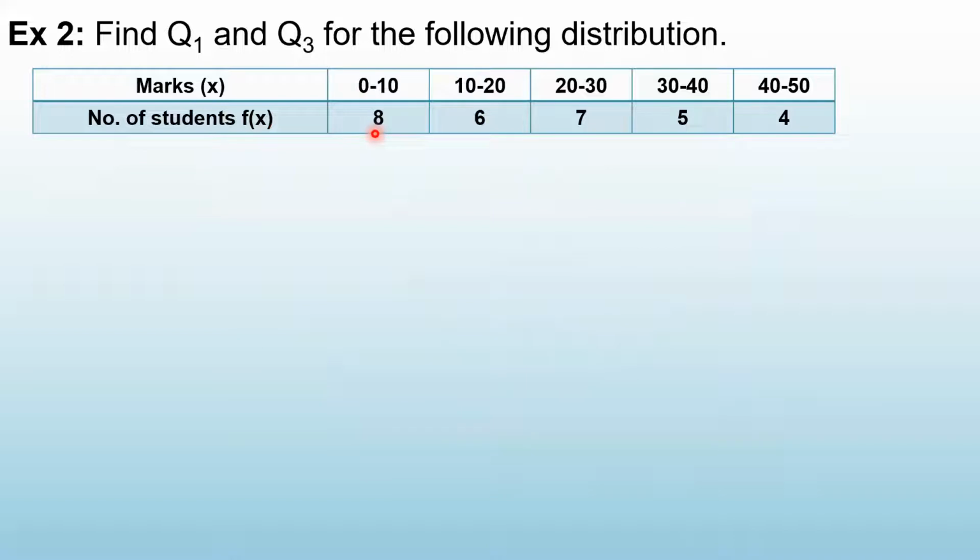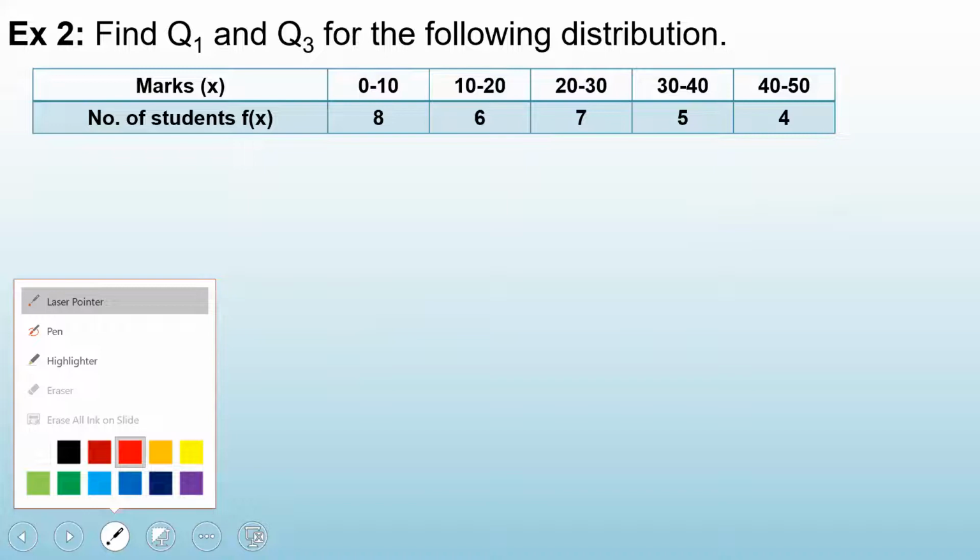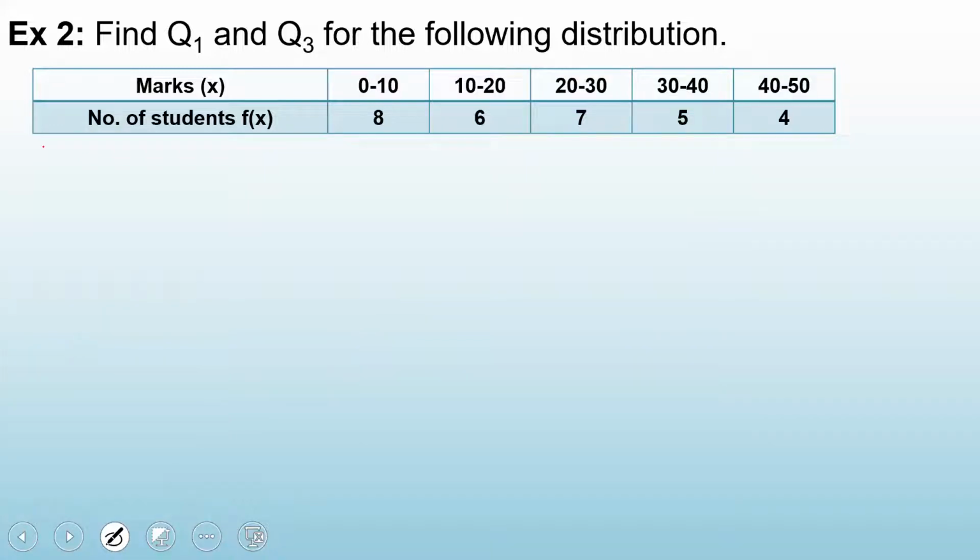So let us first of all write down this table in a vertical way. You can interrupt me if you have not understood, because otherwise it is your time wasted, my time wasted, everybody's time wasted. Okay.